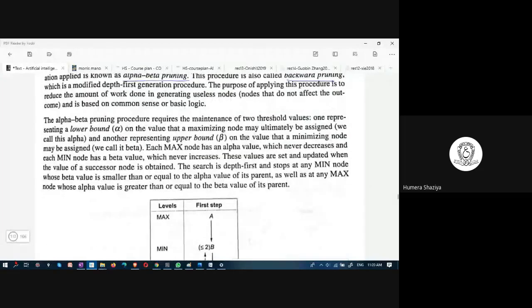In this method, there are two threshold values. One represents the lower bound, alpha, on the value that a maximizing node may ultimately be assigned, and another represents the upper bound on the value that a minimizing node may be assigned.